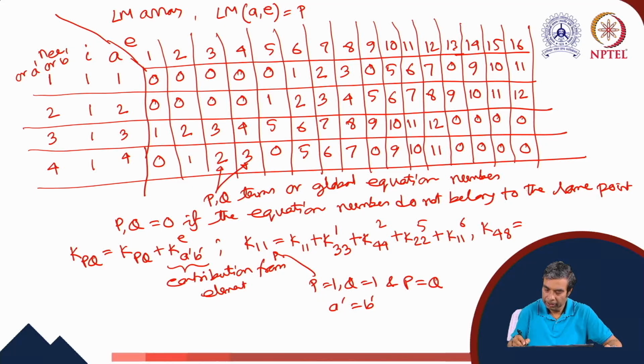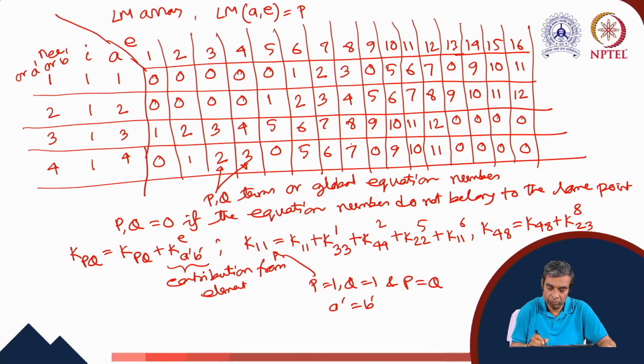So it is K48 plus the contribution from the 8th element. For P equals 4, our A prime is 2, so we write 2. For Q equals 8, our B prime is 3, so this is 3. So we are getting the contribution as K238.